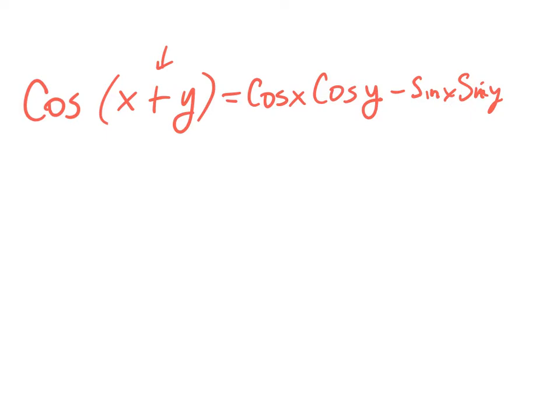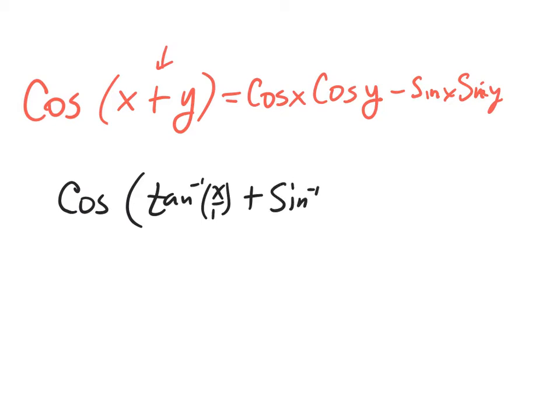So, cosine, here's the problem you would be asked to solve. Cosine of the inverse tangent of x, which is really like x over 1, right? And then I'm going to say plus, so it follows that same pattern, so I don't have to look up a different one. Inverse sine of x over 2.